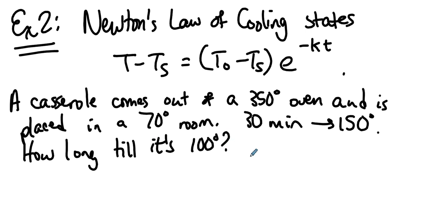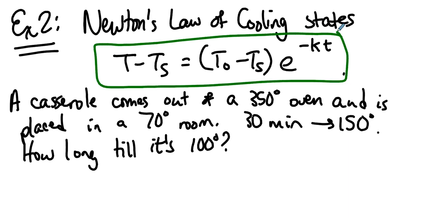And everybody misses the fact that this is the law of exponential change. So if we imagine that the room is 70 degrees, and we think not about the temperature of the casserole, but how far the casserole is from 70 degrees, this is the law of exponential change. This is how far the temperature of the casserole is from 70 degrees. T sub s in these questions is the temperature of the surroundings.